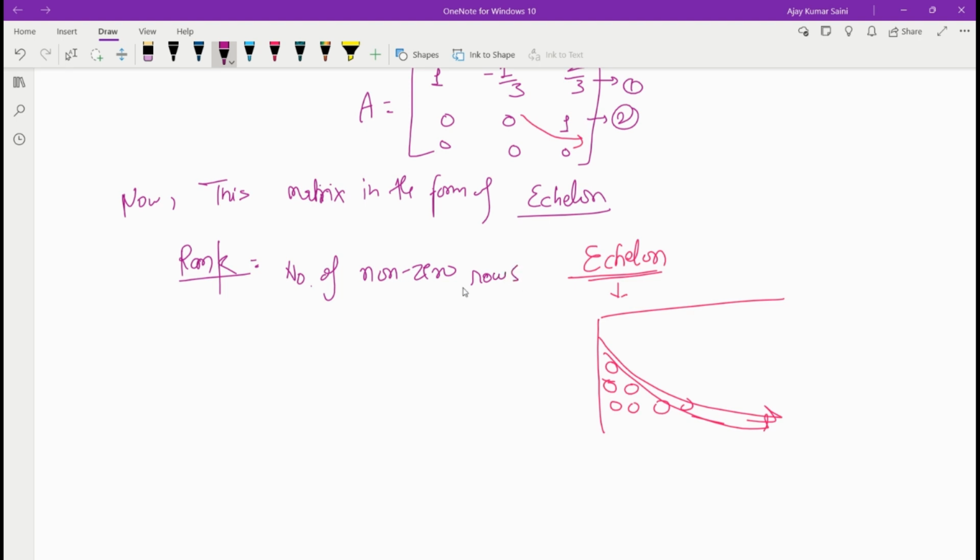If I try to convert to 0, when I subtract, this is also changed, so the last one I don't convert. So the rank is equal to the number of the non-zero rows.